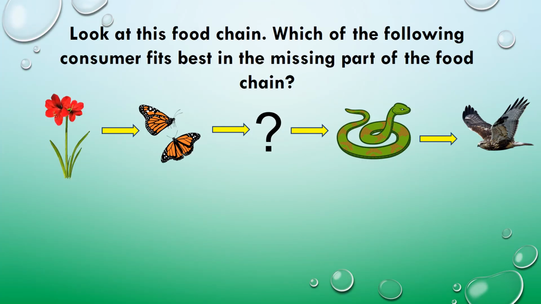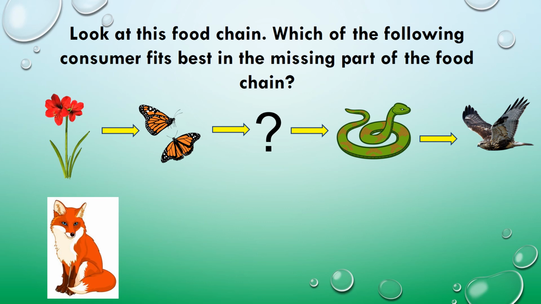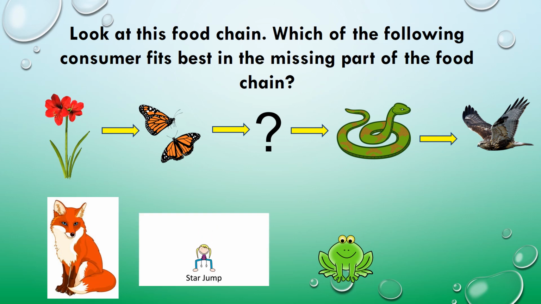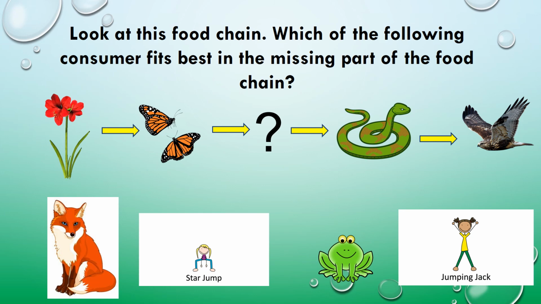For our last question of this activity, I want you to look at this food chain. Which of the following consumer fits best in the missing part of the food chain? A fox or a frog? If you think a fox works best in this food chain, I'd like for you to do star jumps. If you think a frog works best, I'd like for you to do jumping jacks. Ready?